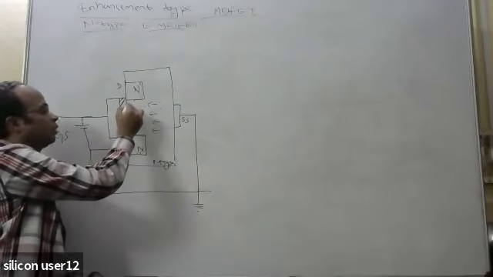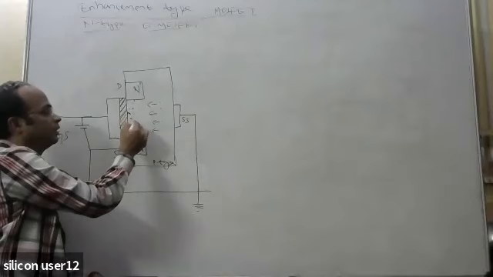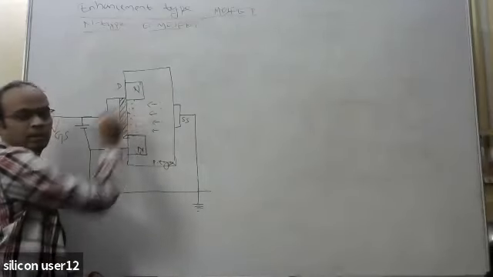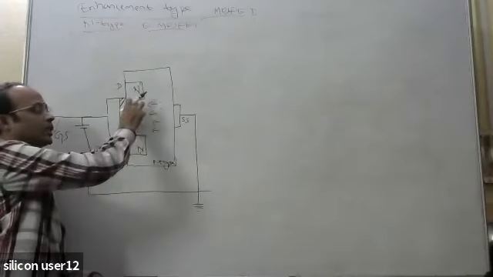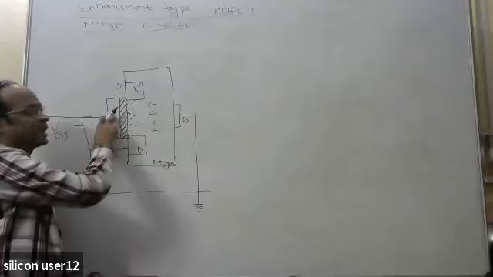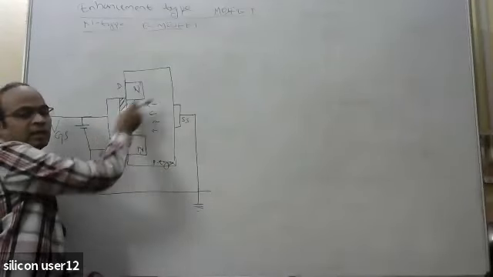Those electrons will be gathered near the surface. Initially there were no free electrons present here, but since I applied a positive voltage here, this positive voltage attracted electrons.